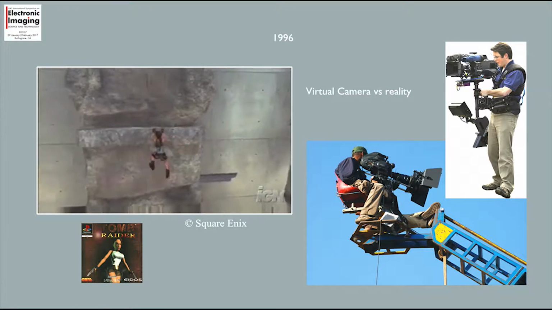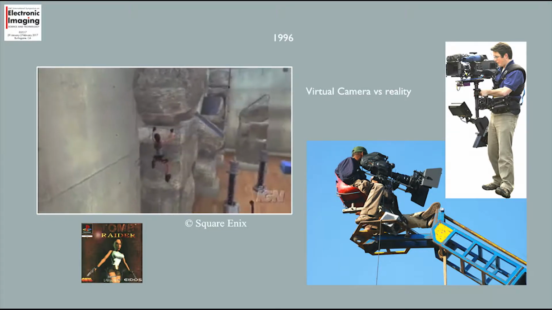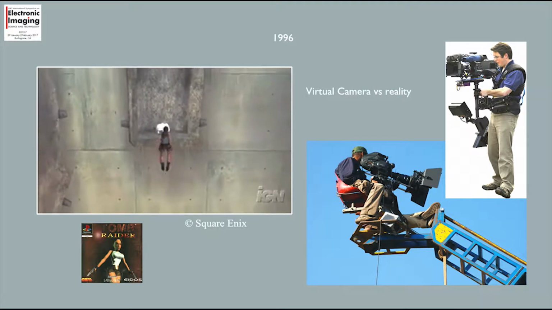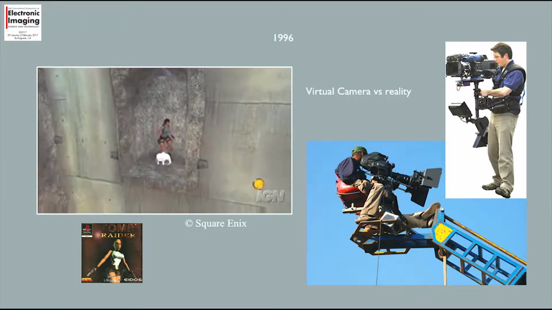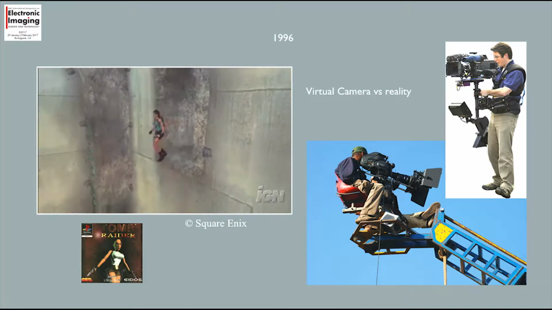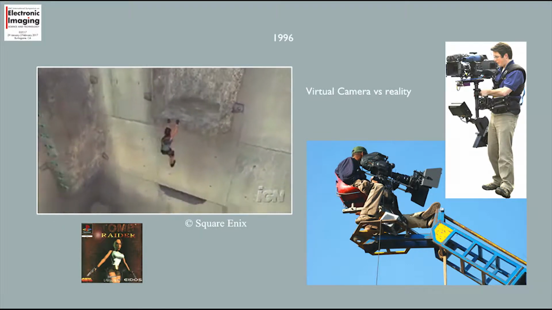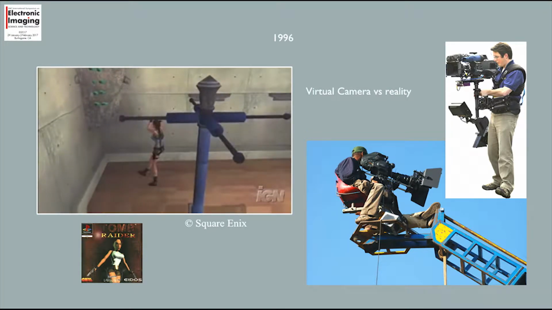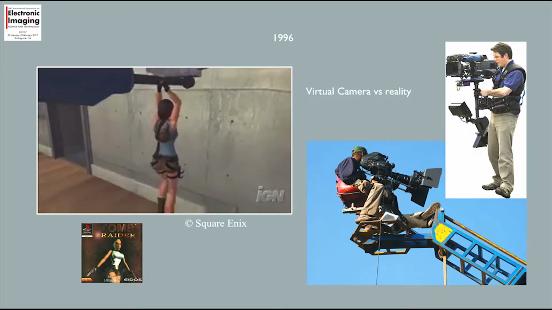Just look at the way the camera moves in this. I mean, this was stunning. This was groundbreaking. I'd been working in the industry, as you see on the right, with cameras. I've been doing stuff with IMAX. Enormous cameras, very heavy. They have inertia, they have weight, they have crews, they have equipment. You can't move them like this.